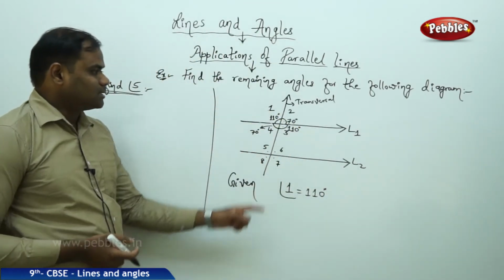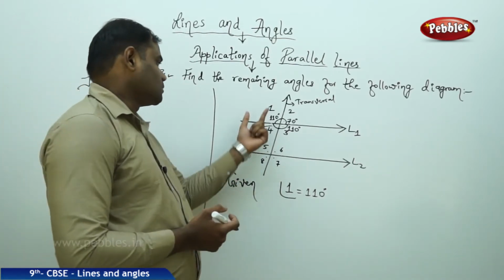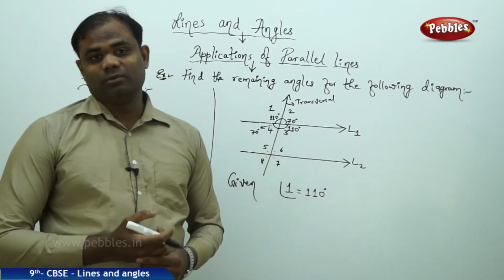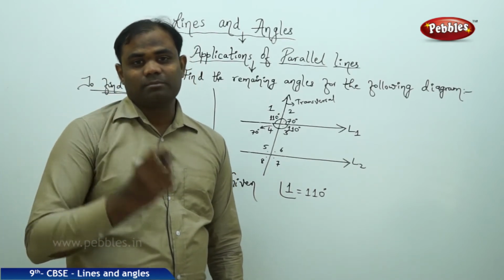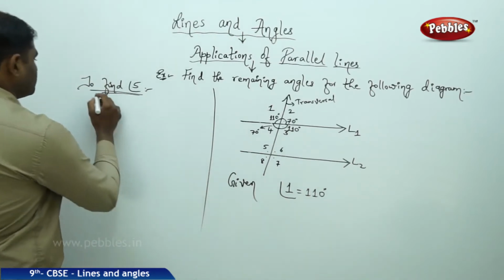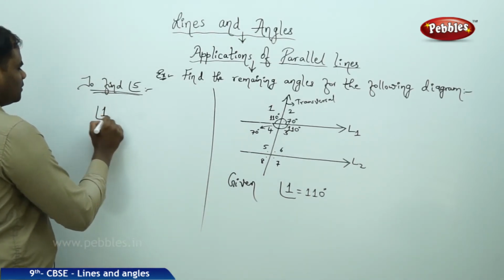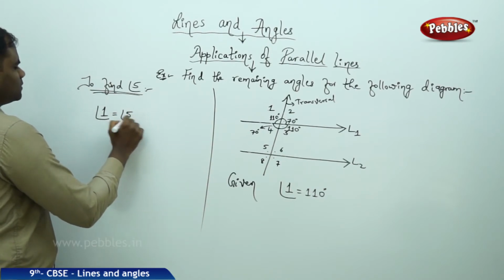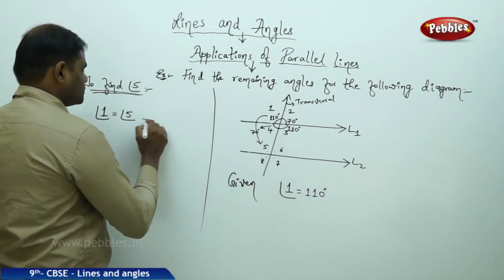Now clearly I see that angle 1 and angle 5 are corresponding angles, and hence 1 and 5 must be equal, because corresponding angles are equal when 2 lines are parallel. I have my angle 1 which is equal to angle 5 because they are corresponding angles.